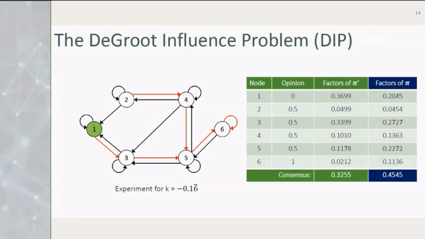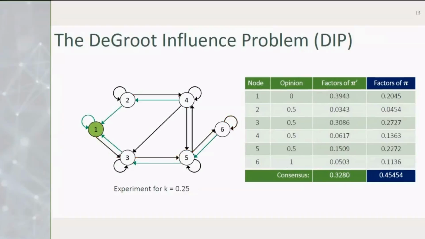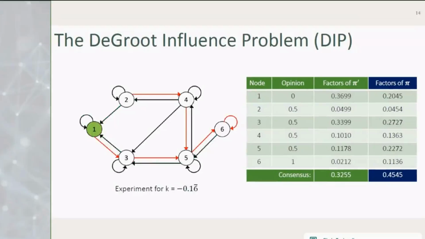You can see that these actions are the complete opposite from the previous actions, but the result is also almost the same. You can notice that in the final consensus. Here, the final consensus is 0.32, so the player also achieved, to a certain extent, his goal to promote opinion 0 in the consensus.